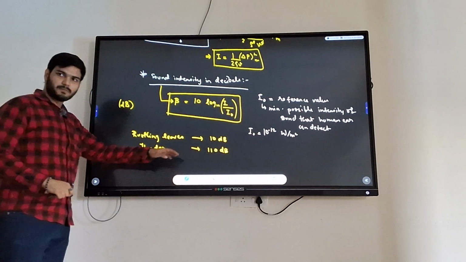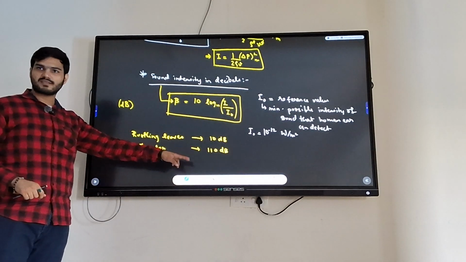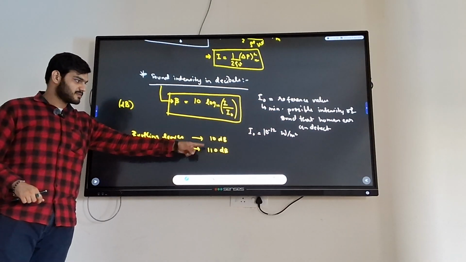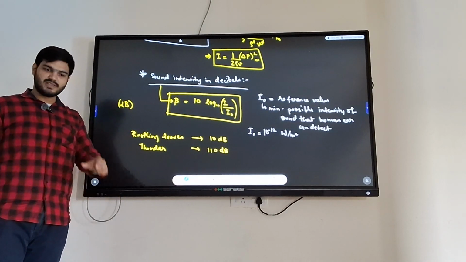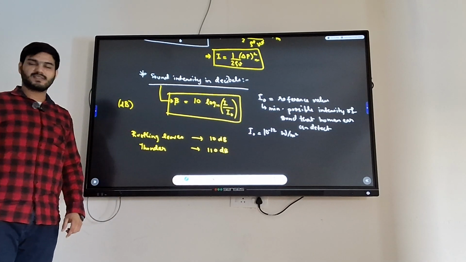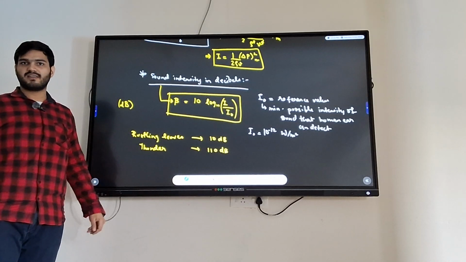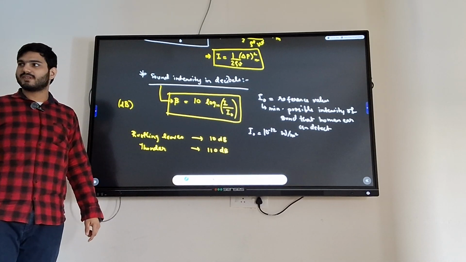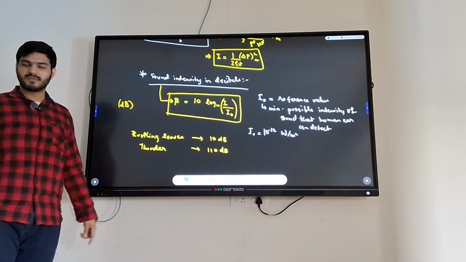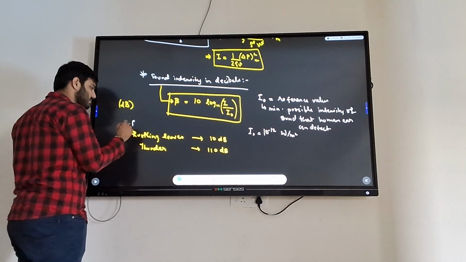So it's still comprehensible. Yes, 10 decibel, 110 decibel. The range is not that much. Yes, that's why we introduced decibel scale. Is it okay? Is there any problem in this? This is just for example.